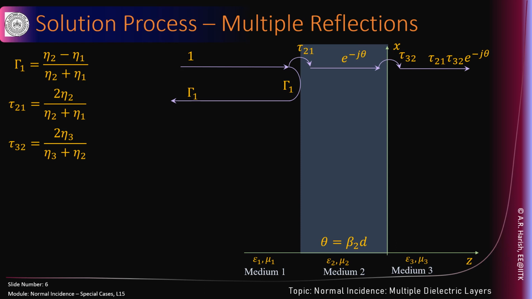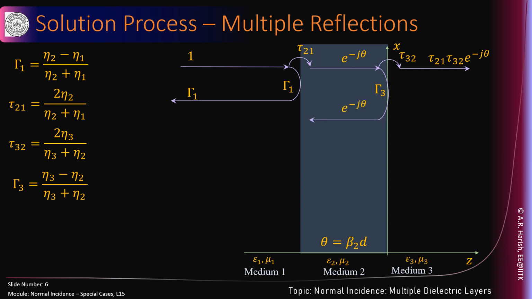Now, don't leave it that way. A portion of it got transmitted to region 3, but at z equal to 0, a portion of it will get reflected as well. By how much? By gamma 3. What is gamma 3? Eta 3 minus eta 2 upon eta 3 plus eta 2. Can you see that? Yes, eta 3 is the impedance of the third medium minus the impedance of the second medium, and so on.